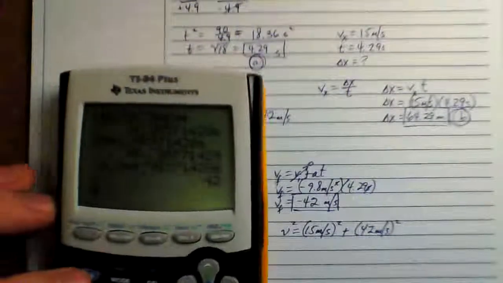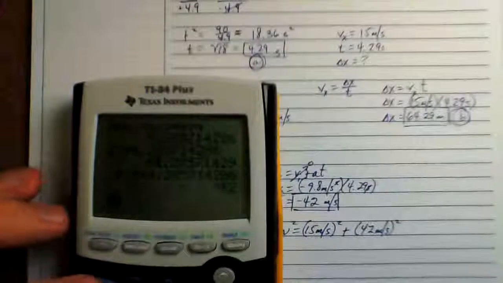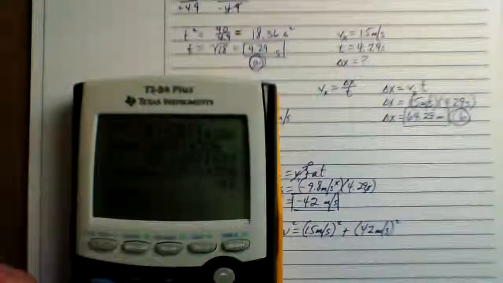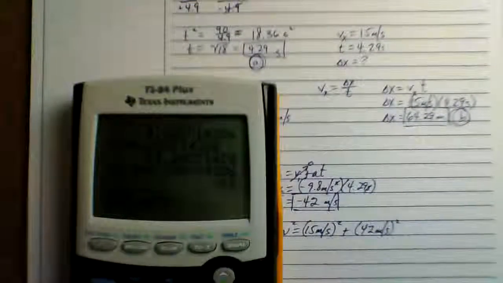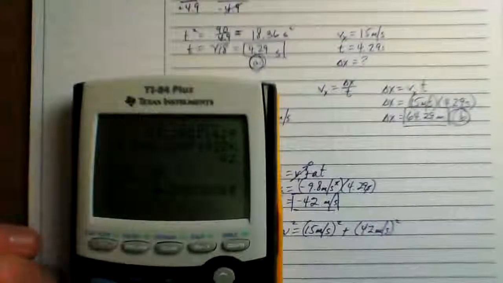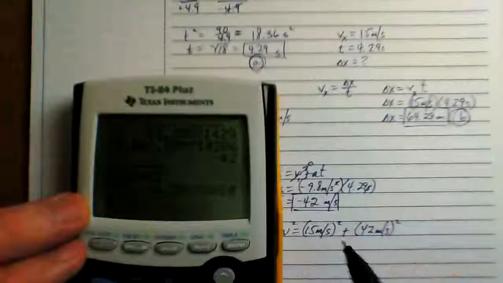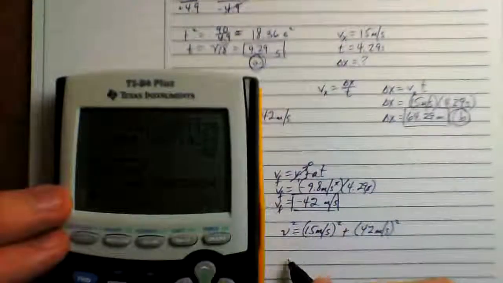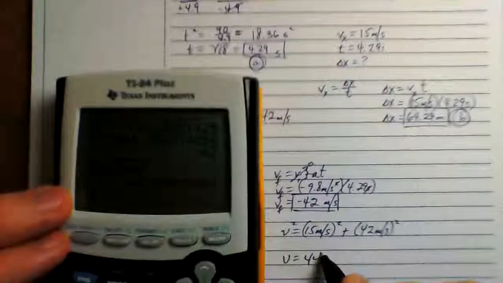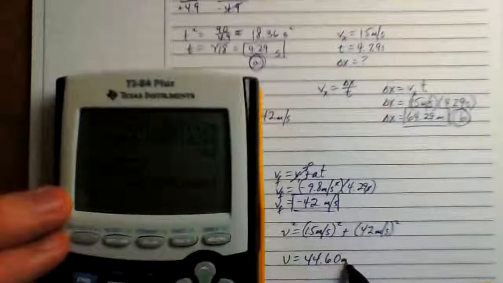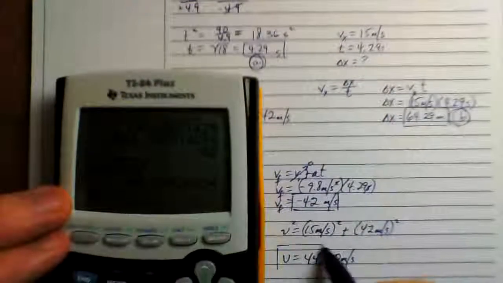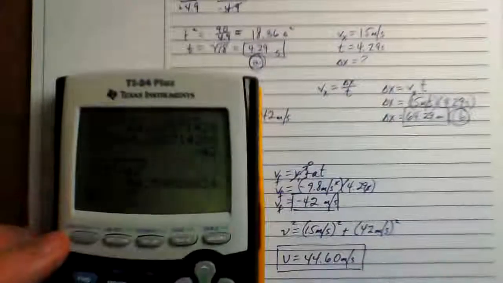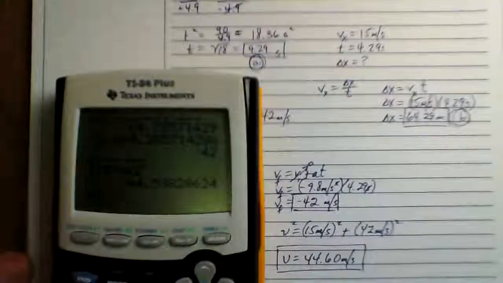The square root of 15 squared plus 42 squared gives me 44.60. So v equals 44.60 meters per second.